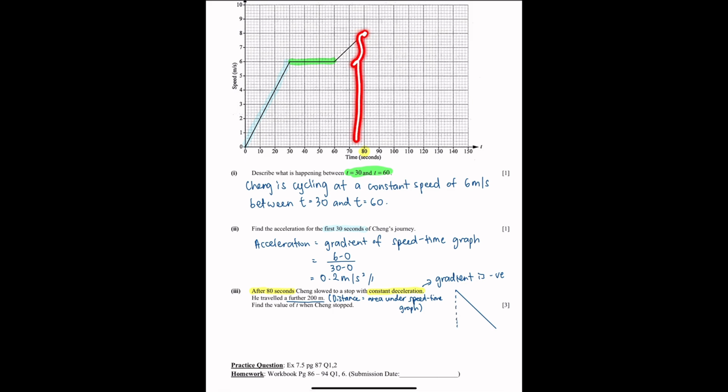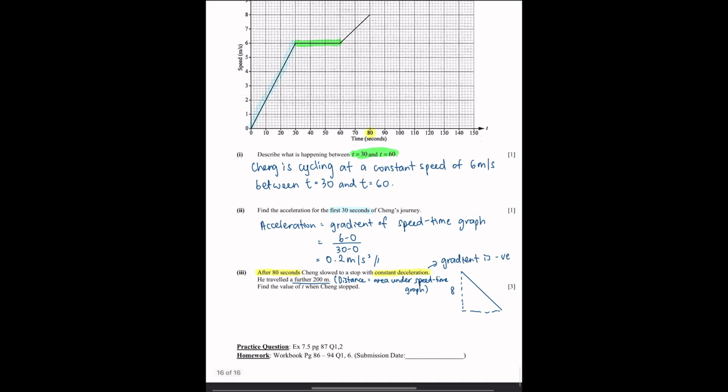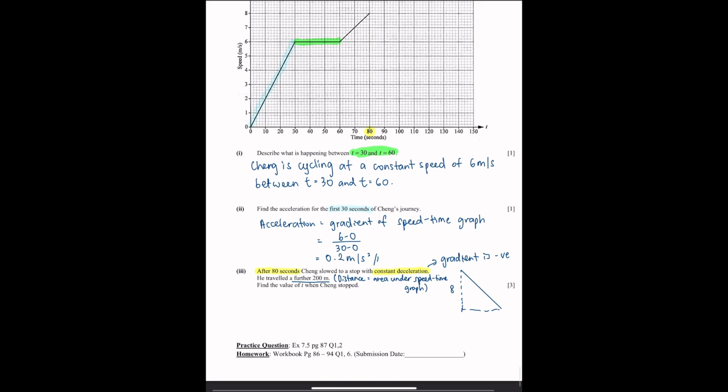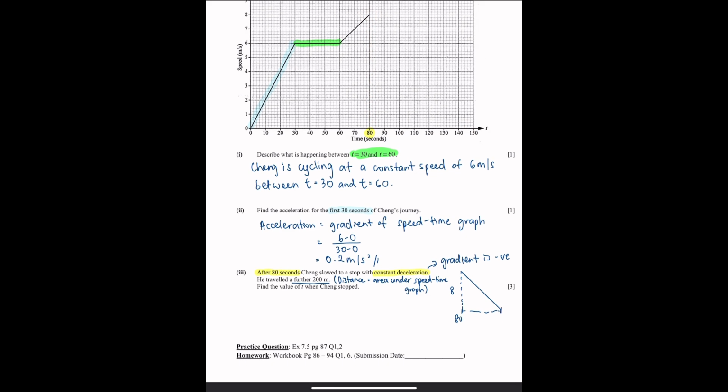Do note that the height here is 8, so let me write here 8. What about the base? I need to continue from here, which means it's from 80 to a certain value t. I don't know what this t is, I need to find it. So this is from 80, then t.